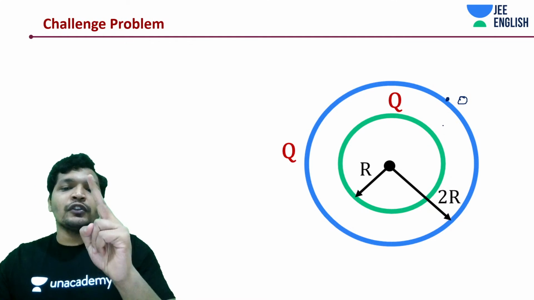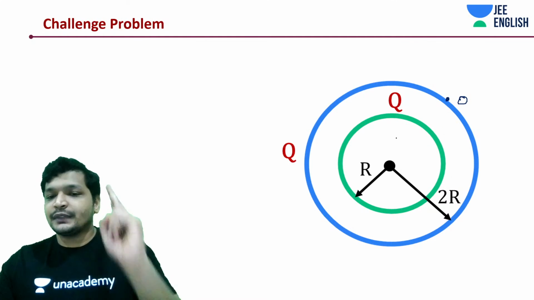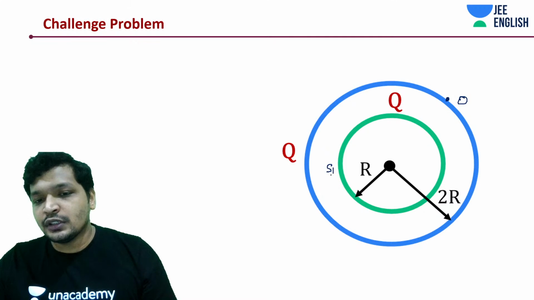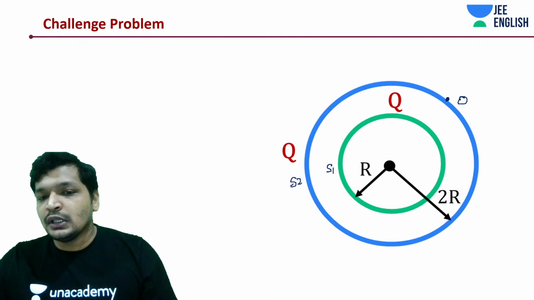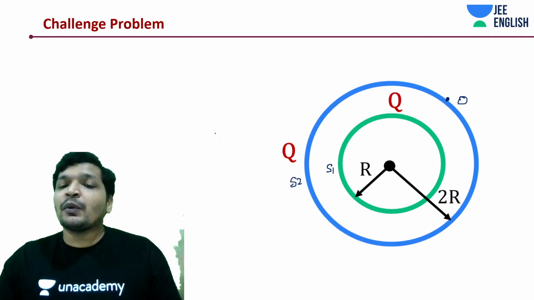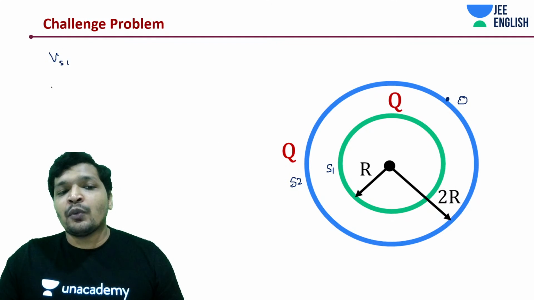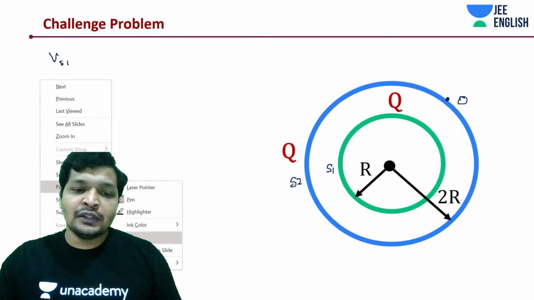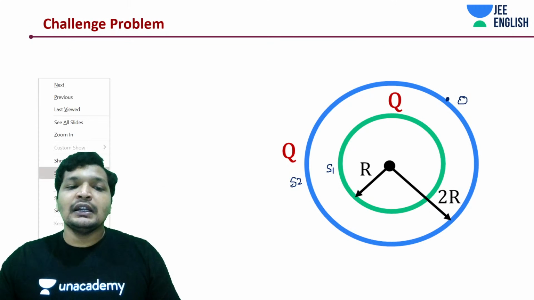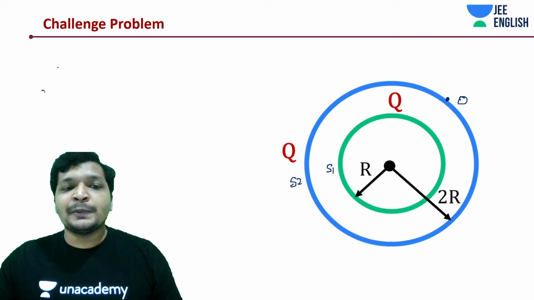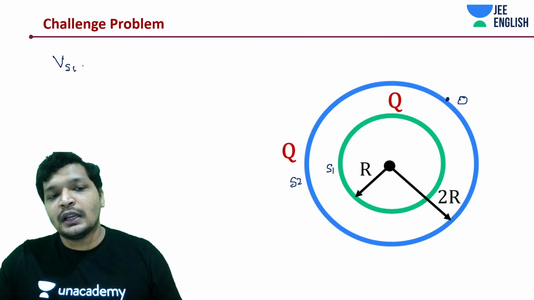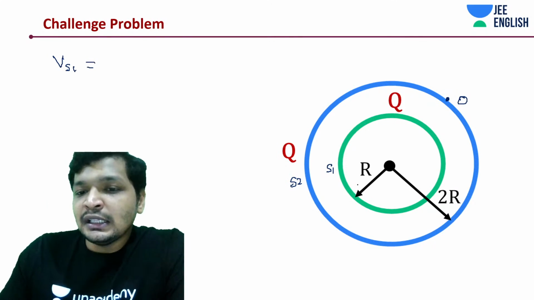There will be two kinds of potential, carefully. One due to sphere 1, of course, the other due to sphere 2. Sphere 2 is very easy. For sphere 1, let's define them individually. I am dealing with the small sphere. Due to the small sphere, there would be a potential.